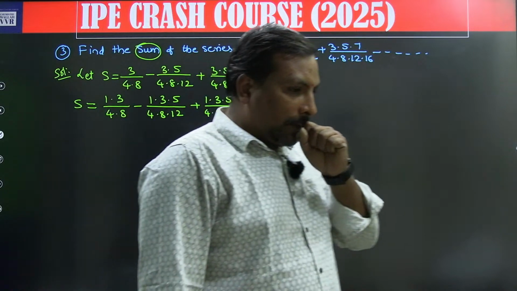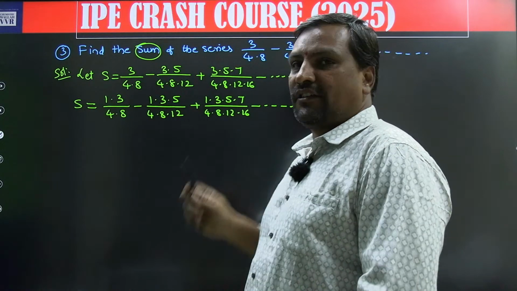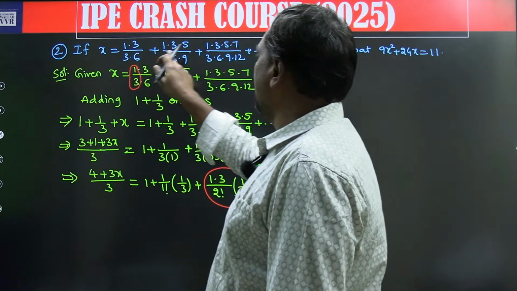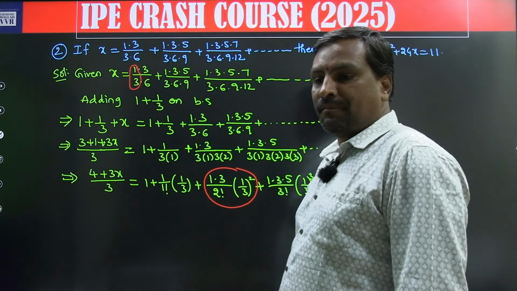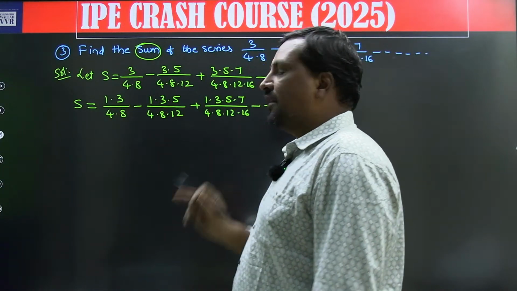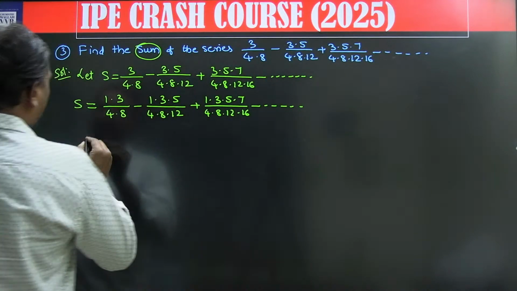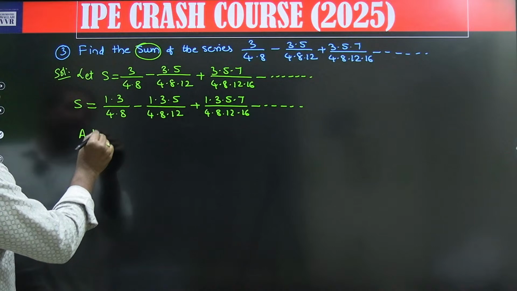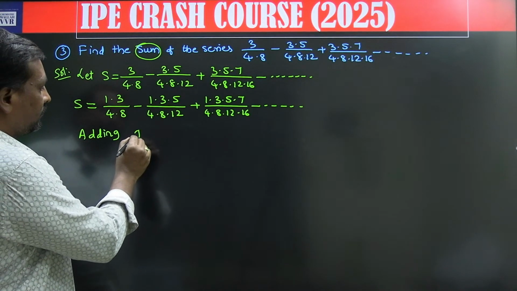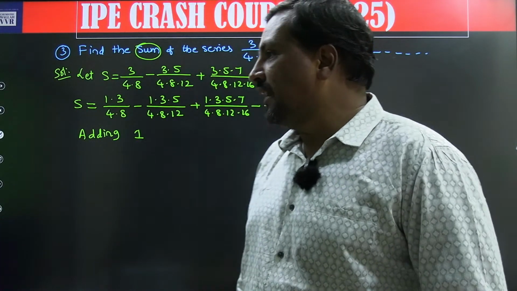If you observe this problem, alternate terms are changing sign. In the previous two problems, all the signs were the same. But in this problem, alternate terms are plus and minus. So compulsorily we have to add 1, and after that we have to add the first term.